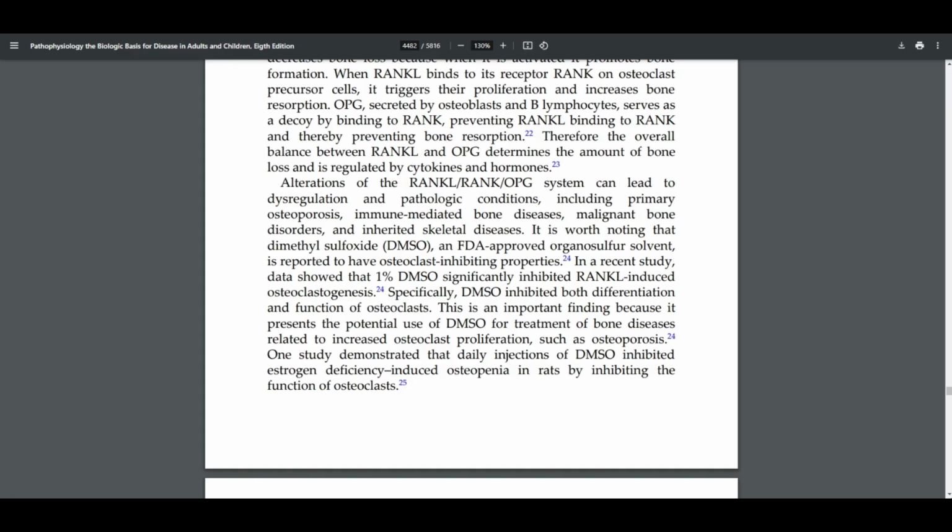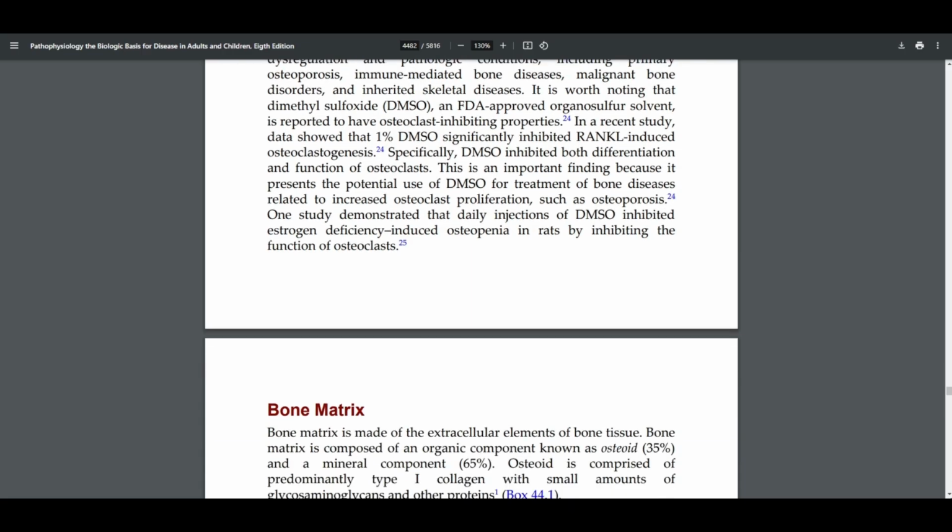This is an important finding because it presents the potential use of DMSO for treatment of bone diseases related to increased osteoclast proliferation, such as osteoporosis. One study demonstrated that daily injections of DMSO inhibited estrogen deficiency-induced osteopenia in rats by inhibiting the function of the osteoclasts.